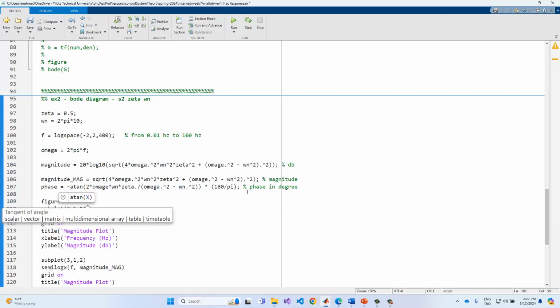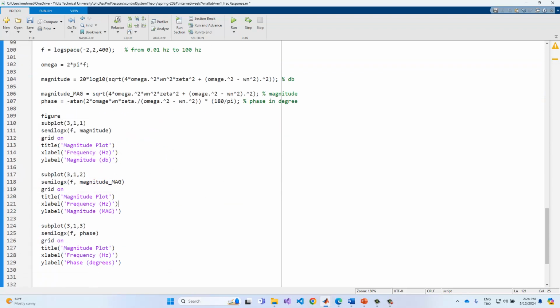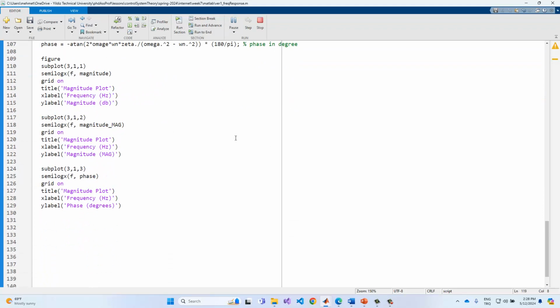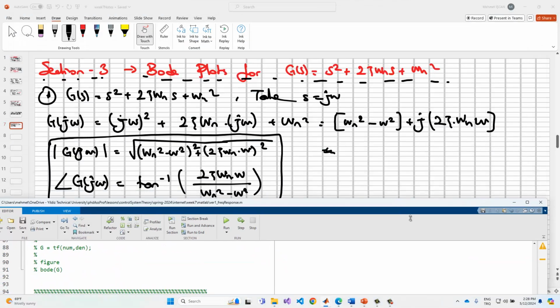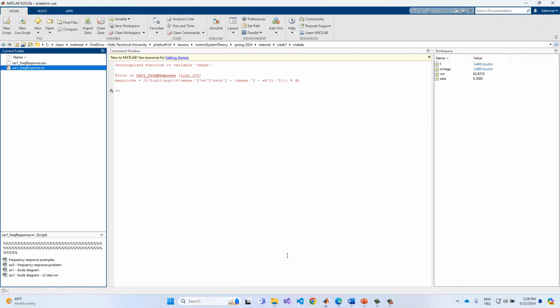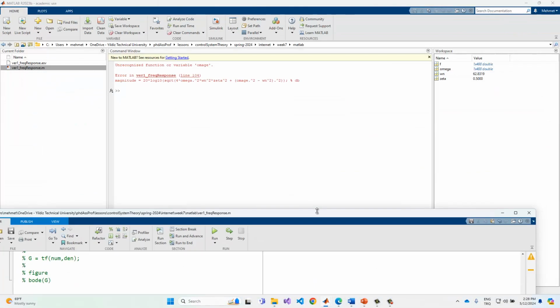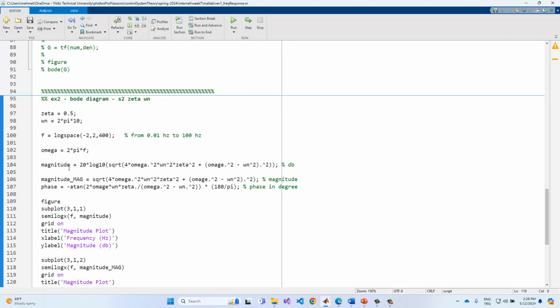Okay, and so if we rerun this code, we have some error in here, omega. It's line 104, omega, and omega.